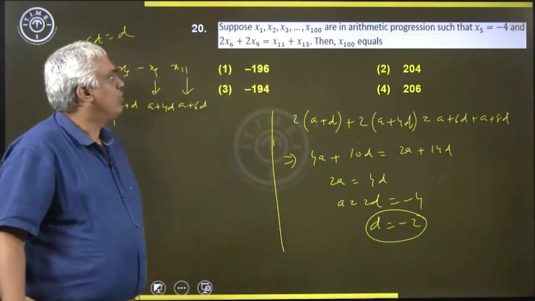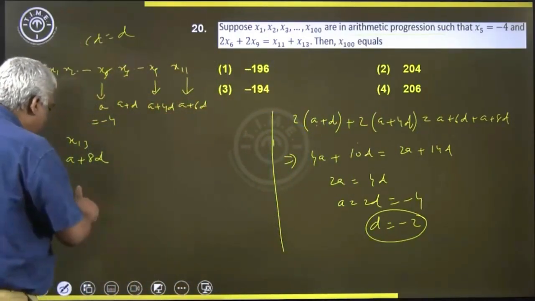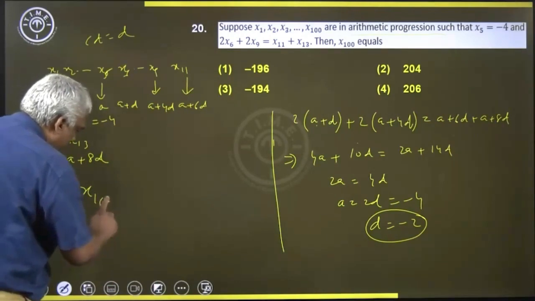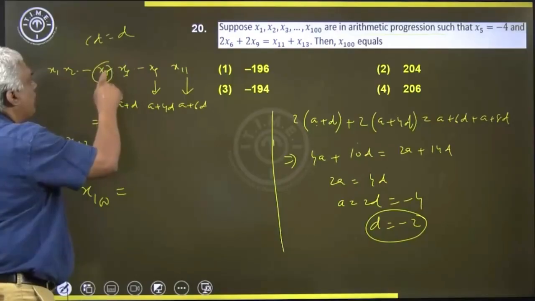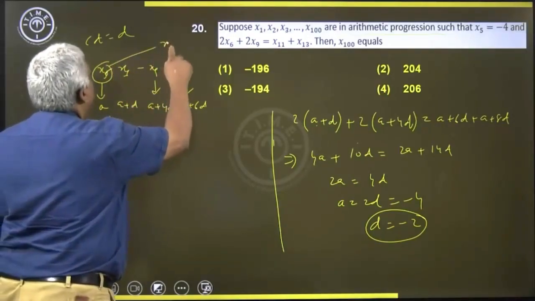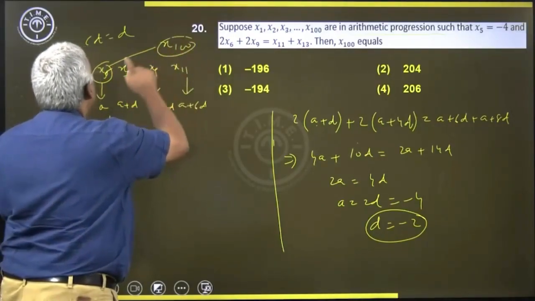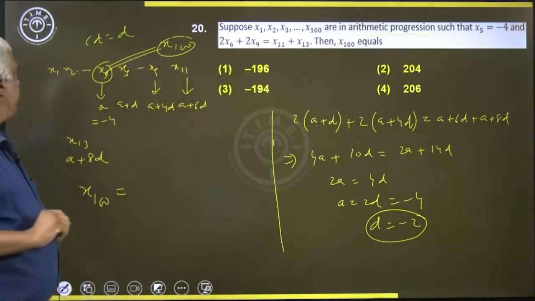Now we are asked to find x100. We already know x5. From x5 to x100 there is a gap of 95D, right?